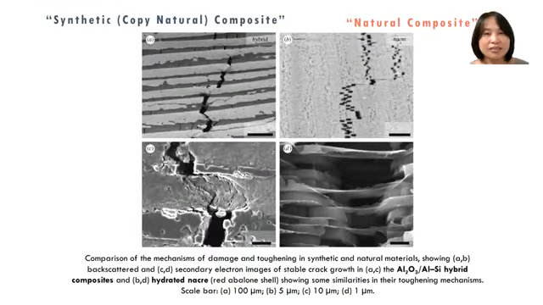And of course, we are human, we try to copy the best of nature also. On the right-hand side is the natural nacre composite, right? On the left-hand side is our synthetic, human-made hybrid aluminum oxide and aluminum silicate composite. You can see the difference, left and right.